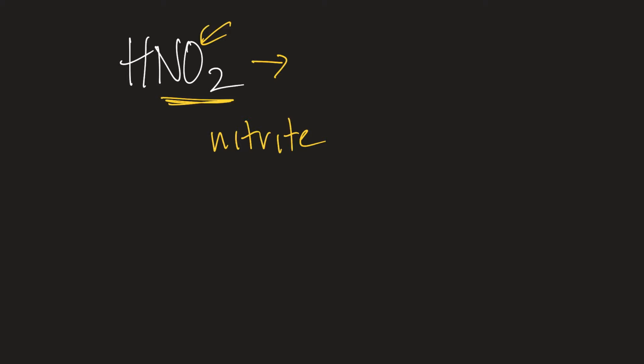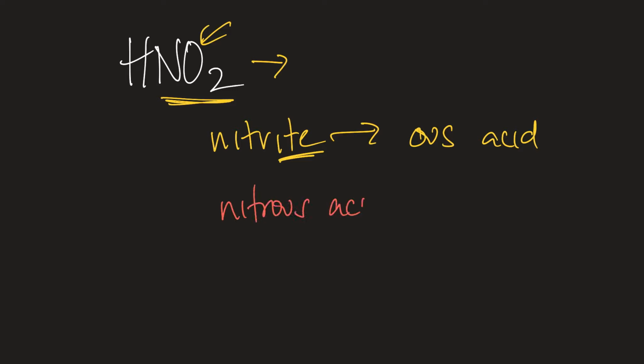Since it's an acid, we need to name it in acid form. We change the ite to ous acid. So we have nitrous acid, and that's the name of this acid compound.